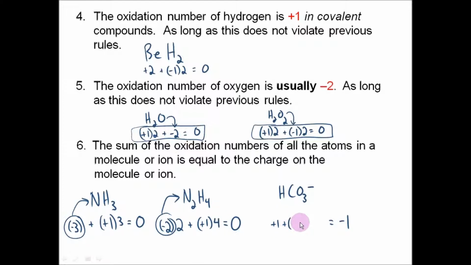And then the oxygen, again, oxygen's usually -2, unless another rule doesn't let us be that. But there's 3 of them, so we're going to do 3 times the -2. That's giving us -6. And then the 1 over here, that gives us -5. So carbon plus this has to equal -1, so the carbon is going to have to be +4. +1 plus 4, -6, that gives us the -1.